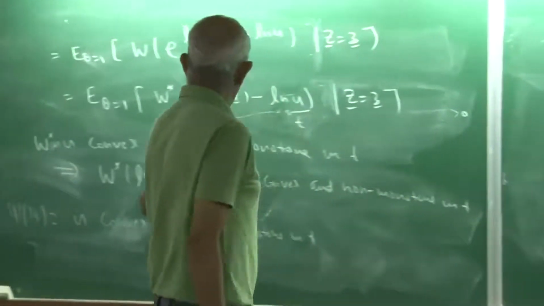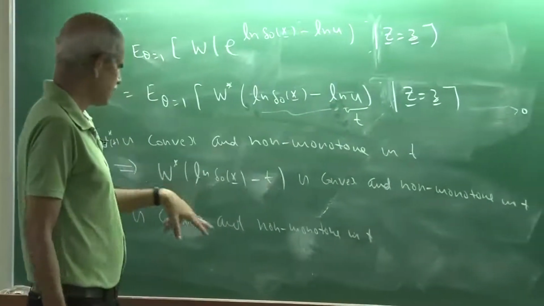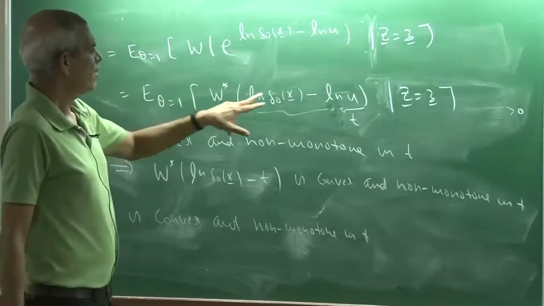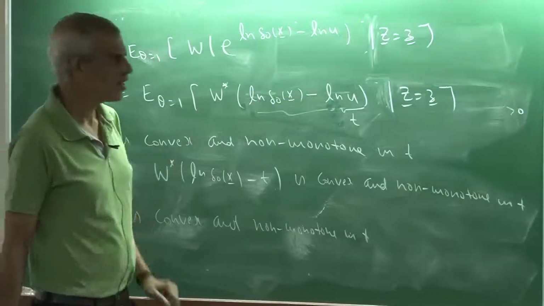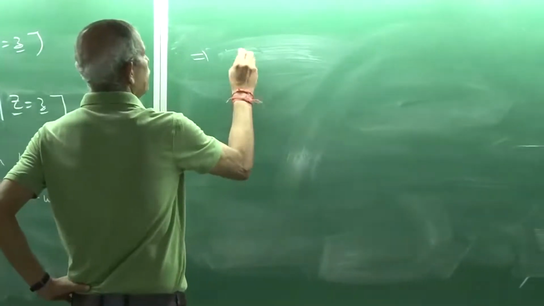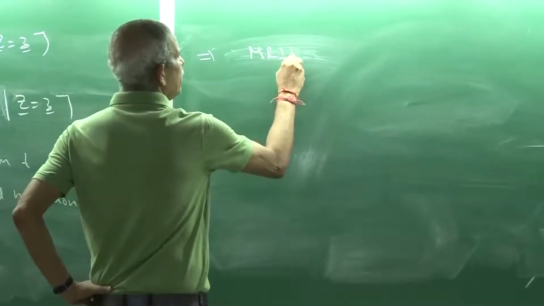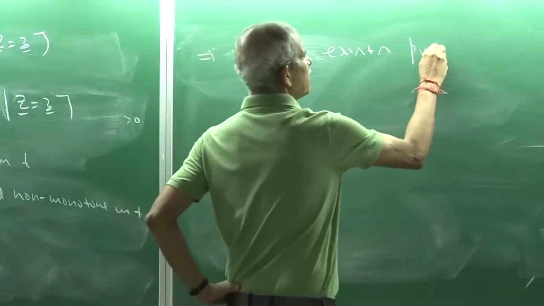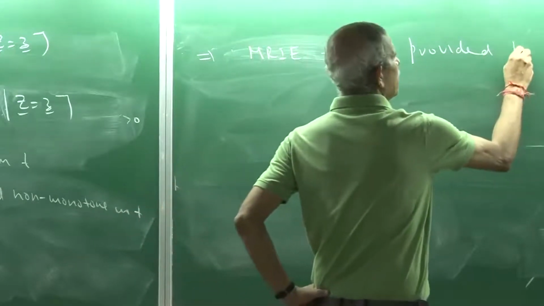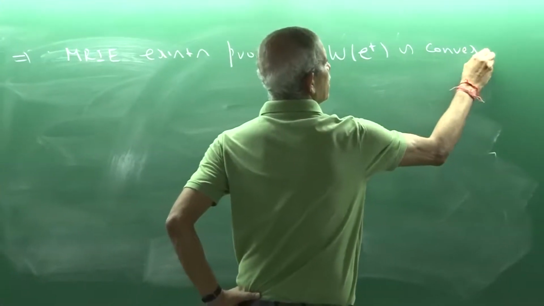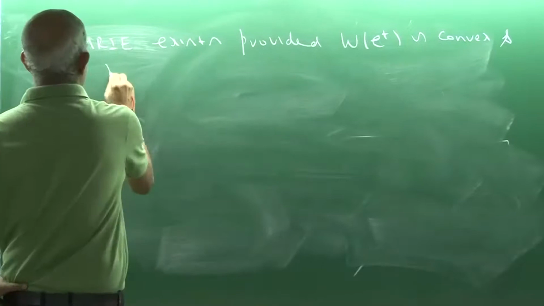The minimizing t exists, so the minimizing log u exists, so the minimizing u exists. So this implies that the minimum risk invariant estimator exists, provided W of e to power t is convex and non-monotone.